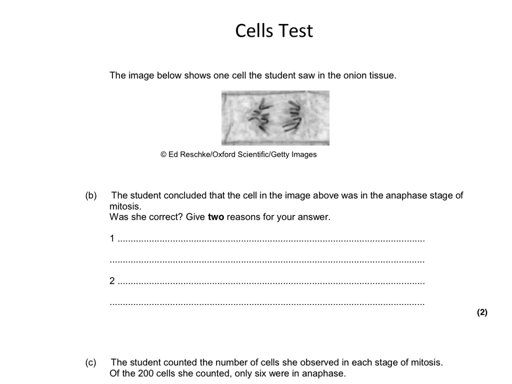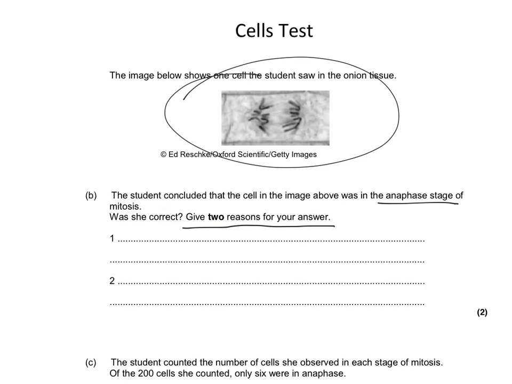Okay, this question shows you an image. That to me looks like anaphase, although it doesn't really matter, because we need to discuss 2 reasons for your answer. So looking at the diagram, you can clearly see that the chromatids are basically at the poles of the spindles, or the ends of the spindles, not the cell, the ends of the spindles.